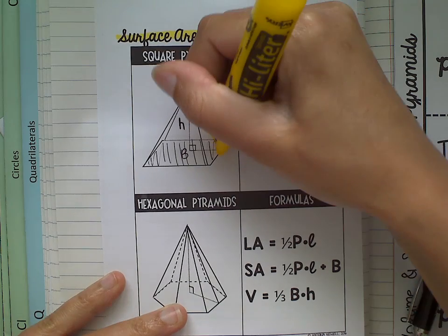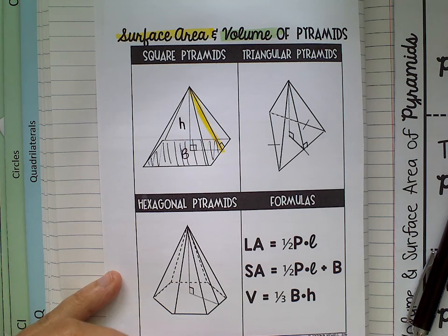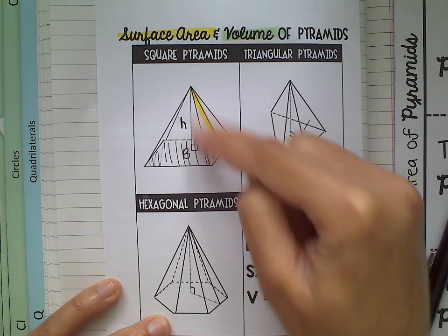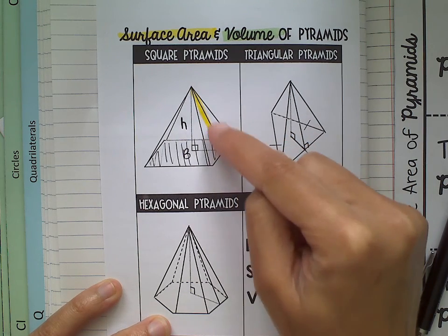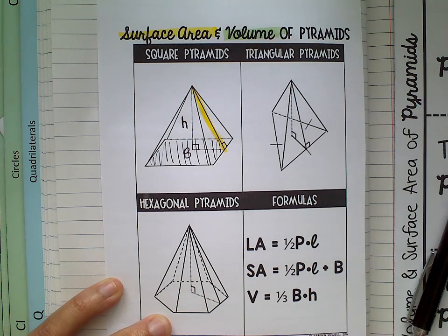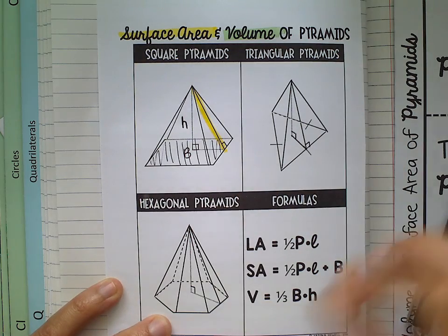This line right here. And on that line, there's a box showing that it is perpendicular, but it doesn't look like it because it's slanted. But what it is, it's the height of this triangle, and all the triangles that go around your pyramid are the same. So it's really the height of all the triangles on your lateral faces.